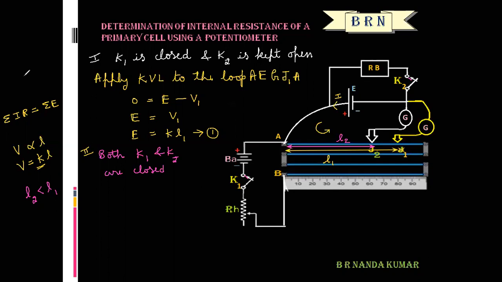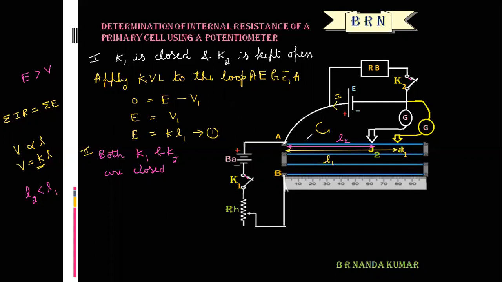EMF is always more than the terminal potential difference. That is why the potential difference across AJ1 is much greater than the potential difference across AJ2.